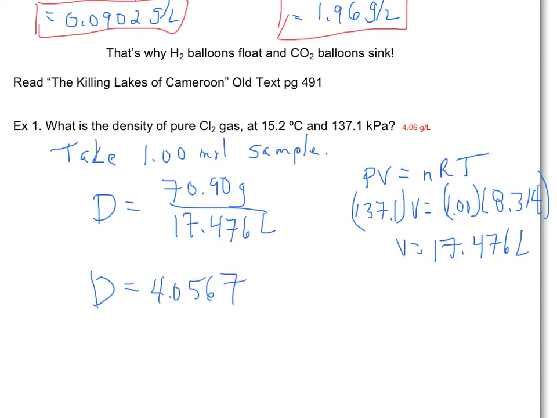Now, I could probably keep 4 sigdigs, but I defined a 1.00 mole sample, so I'll round this to 3.